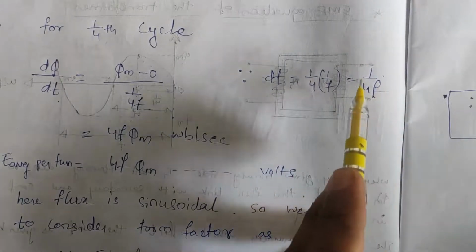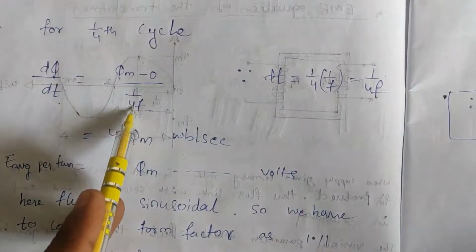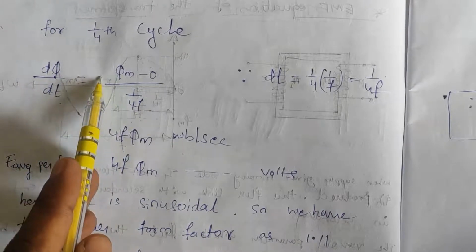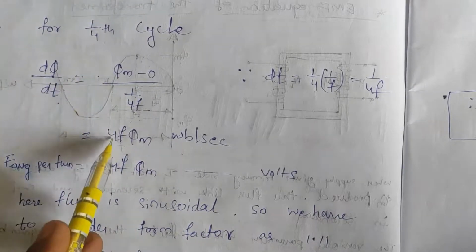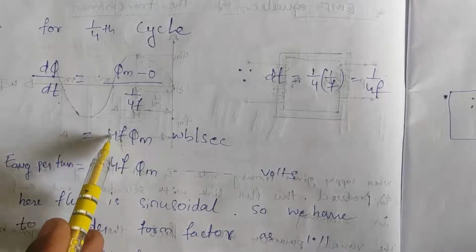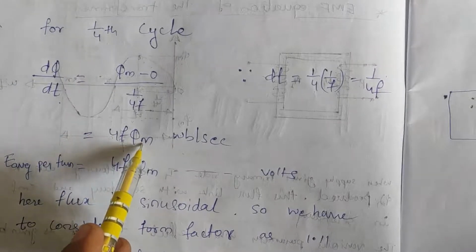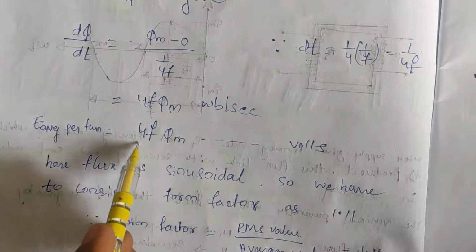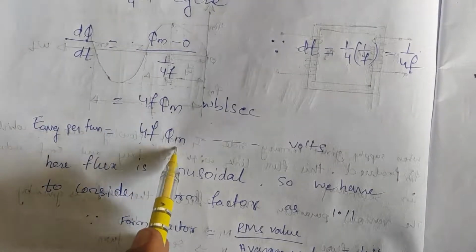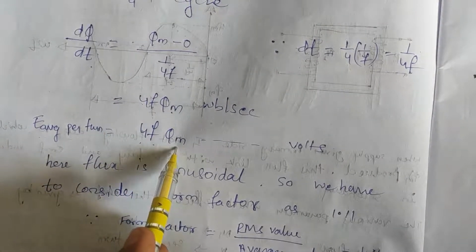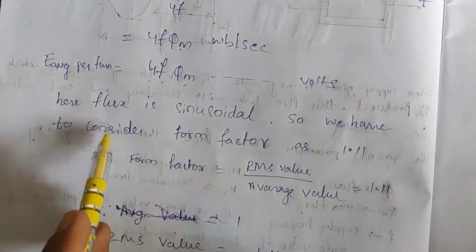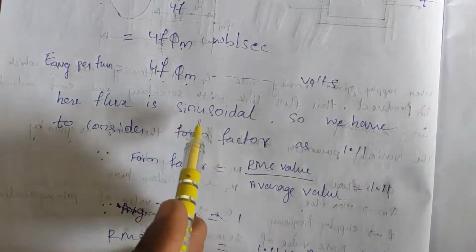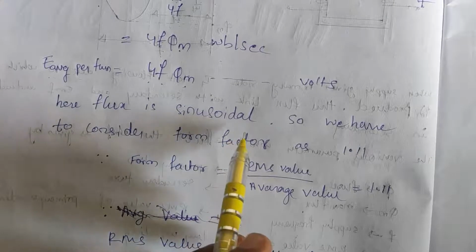For 1/4 cycle, d flux by dt: the flux changes from 0 to maximum, and the time will be 1 by 4. So dt is equal to 1 by 4 into 1 by f, since time is the reciprocal of frequency.